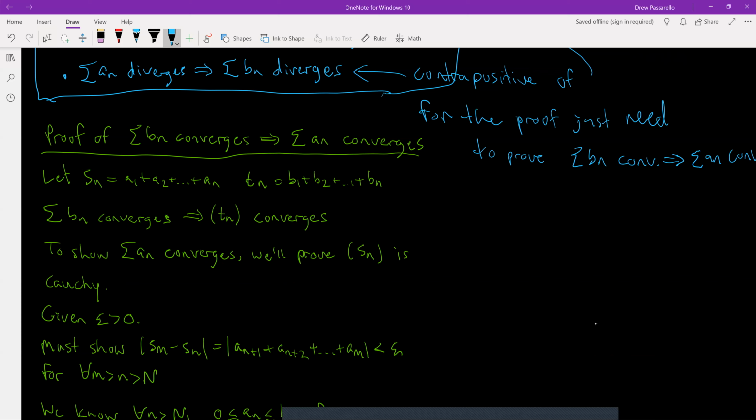Well, by the Cauchy criterion for sequences, a sequence is Cauchy if and only if it converges. So to show that the sequence of nth partial sums Sn converges, we can just show that it's Cauchy.